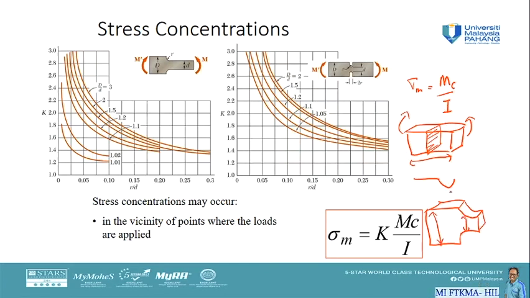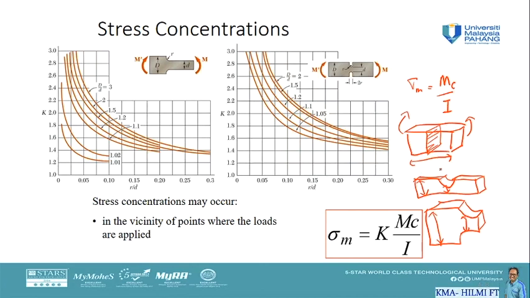And another case is a flat bar with a groove, either single or double groove. So these are two particular cases where a sudden change happens through the width of the member.